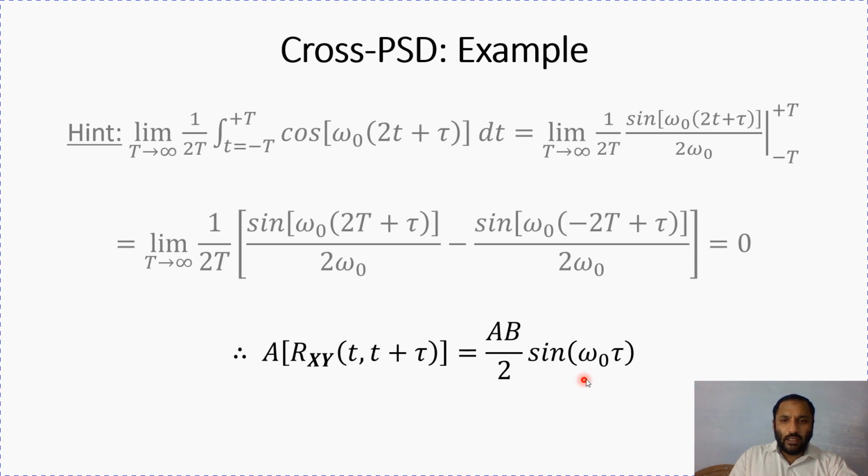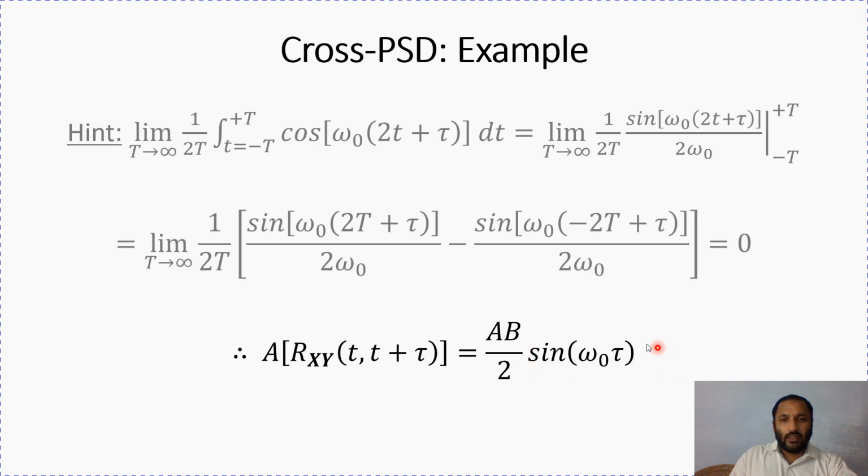It is quite simple because in the Fourier transform of a sine function, where AB by 2 is just a constant that comes outside, we need to only determine the Fourier transform of sine of omega naught tau. So this will be left to you.